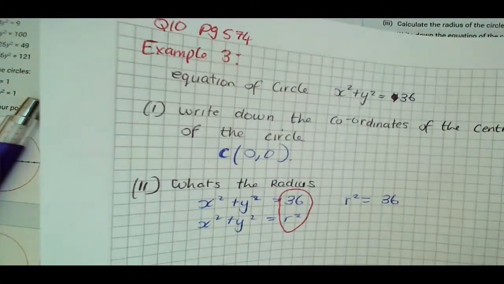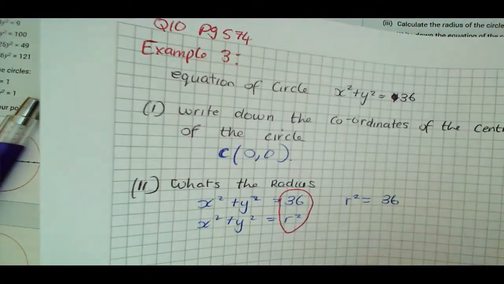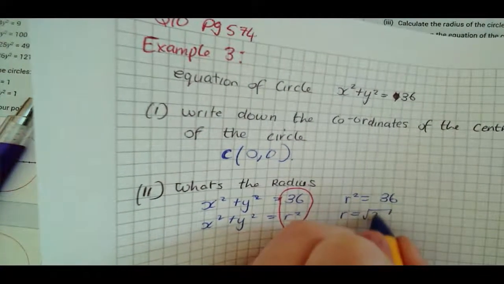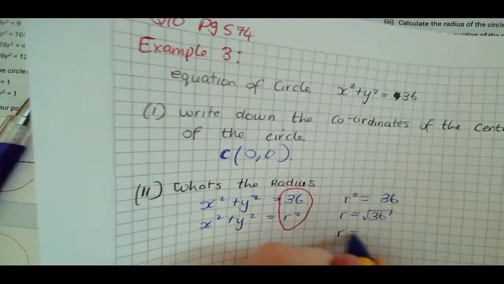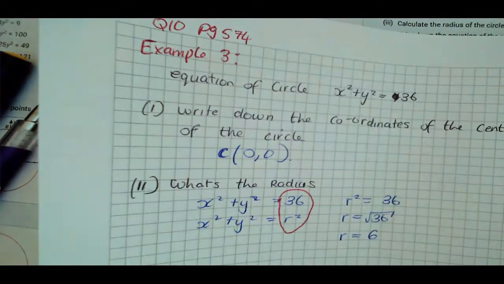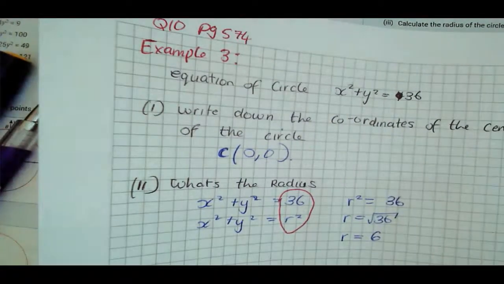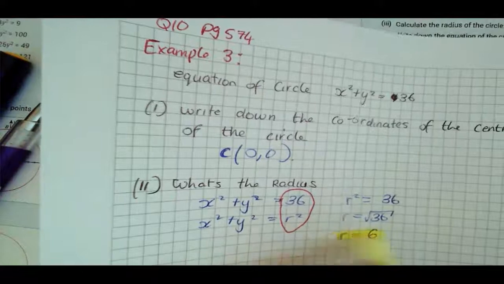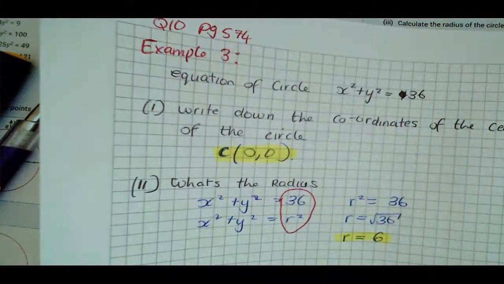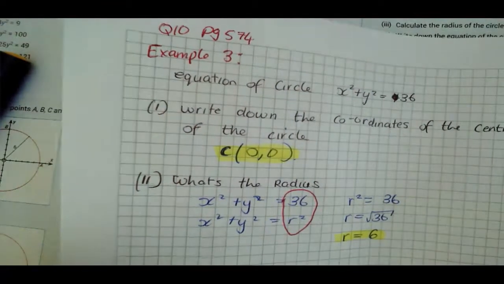Okay, so we want to know what r is, but we know what r squared is, so we need to find the square root there of 36 to find r. And the square root then of 36 is equal to 6. So our radius there is 6. So just highlight the answer there to make it obvious.